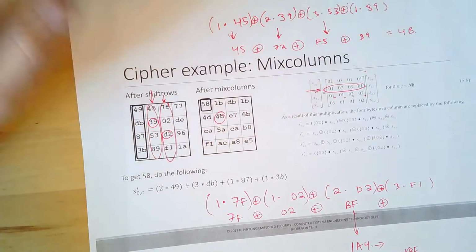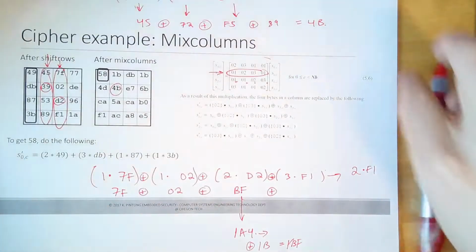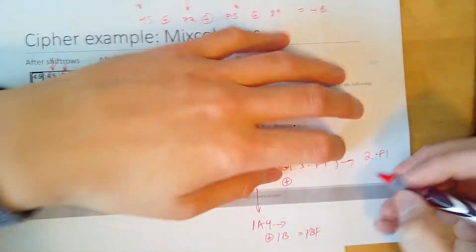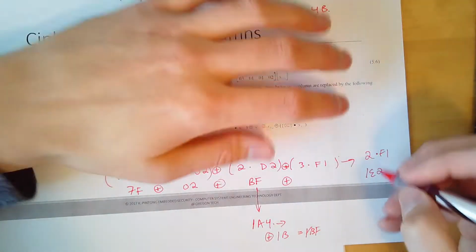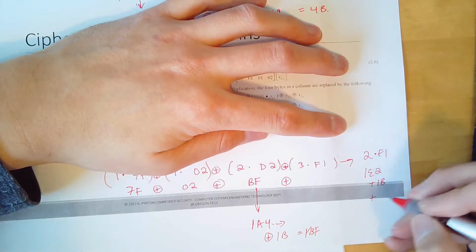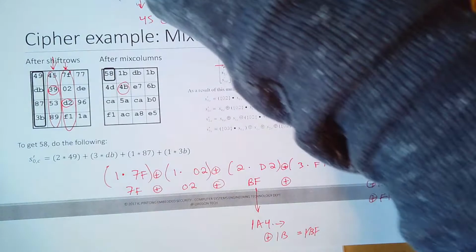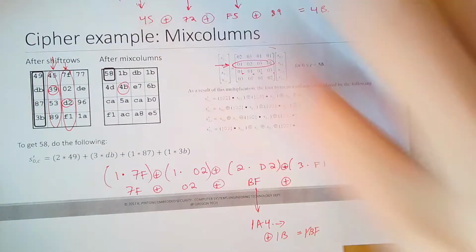We're going to XOR with 3 times F1. So for 3 times F1, I'm going to break it out into 2 times F1. Oops, 2 times F1 is 1E2. There's a 1, so we're going to XOR with 1B, and then we're going to have to do another F1, so XOR with F1. So XOR with 1B, XOR with F1 gives us 108.